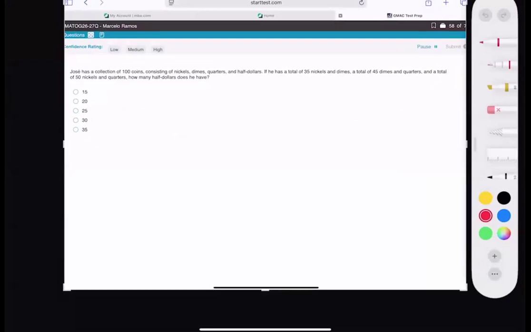José has a collection of 100 coins consisting of nickels, dimes, quarters, and half dollars. So nickels plus dimes plus quarters plus half dollars is 100 total.